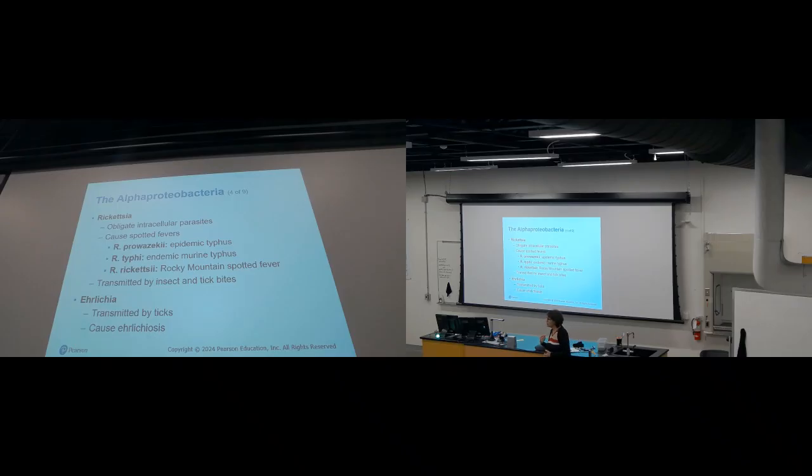Typically, these bacteria, especially Ehrlichia, live in the endothelial cells in the blood vessels. Endothelial cells are the most inner layer of our blood vessels, and the bacteria burst these cells, and then you have bleeding. It's like a microbleeding in your skin. That's how you have these spotted fevers.